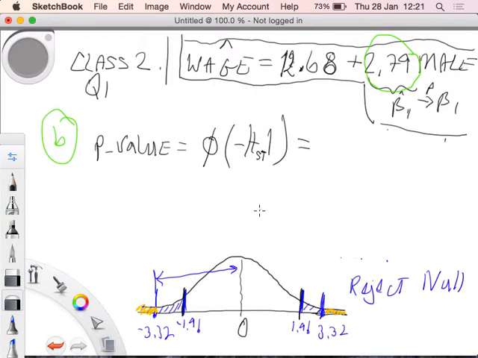And because we only looked up one side, it was 0.0005, right? Because we looked at one side only, which is this side here. It gives us this probability. So the area under this curve here is basically 0.0005. But we have the second side, so you times it by 2.